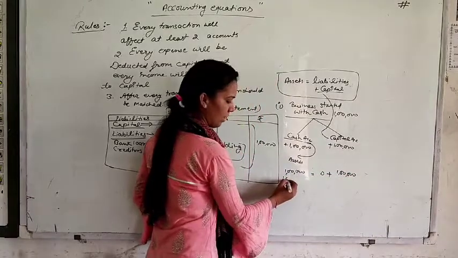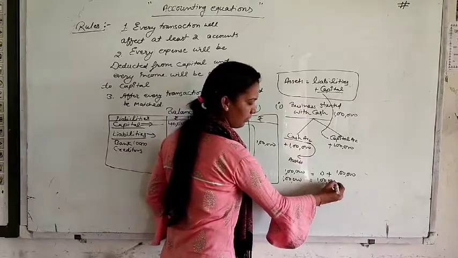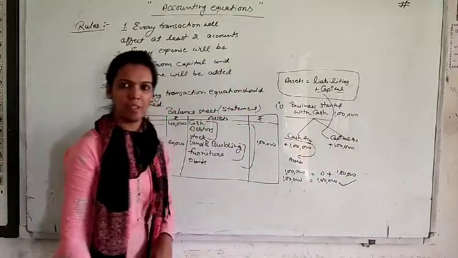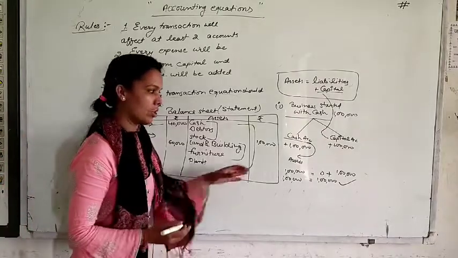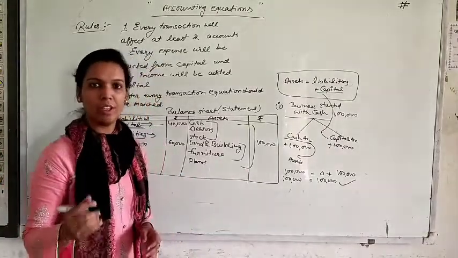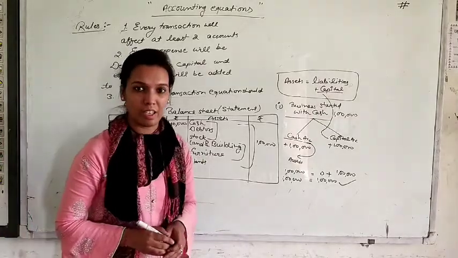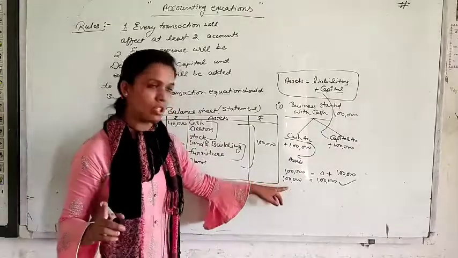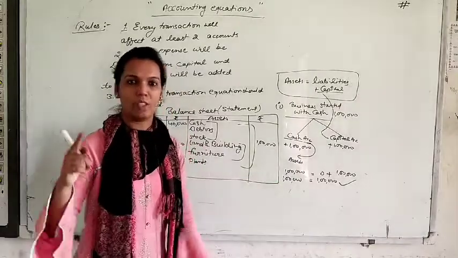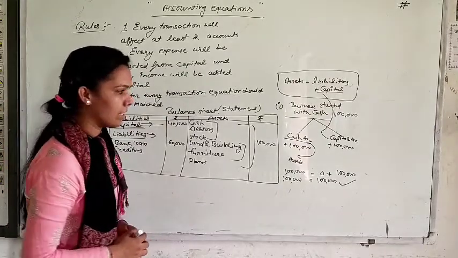It means 1 lakh equals 1 lakh. This is matched. Like this, all transactions will match your equation. Only in that condition will your answer be correct, otherwise it may be wrong. So after every transaction you should match the equation to verify how your question is going. Okay, let's move to another example.